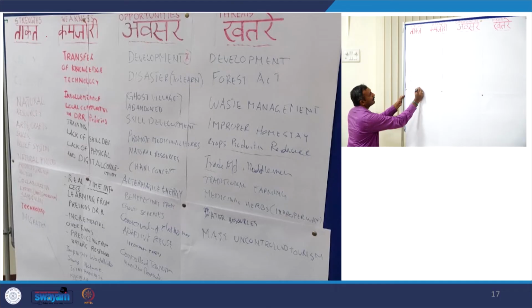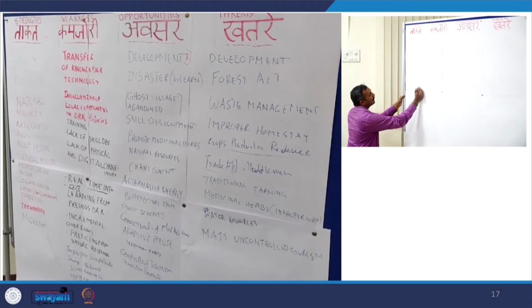And the skill development, the ghost villages that were abandoned. There are some villages where no one lives, and migration is also a process creating such ghost villages. How can we enhance these villages in the context of tourism, how can we promote them with the help of alternative tourism or any other development process?